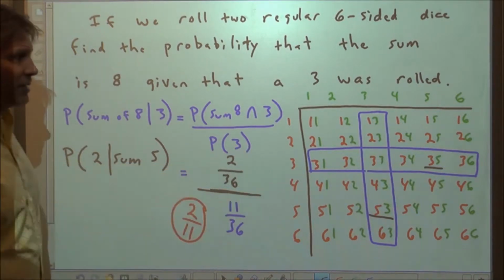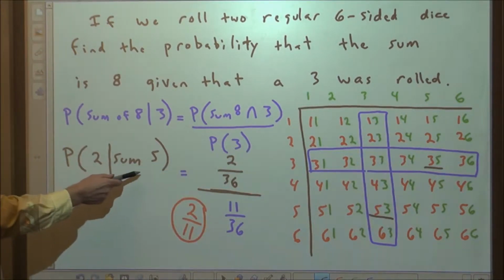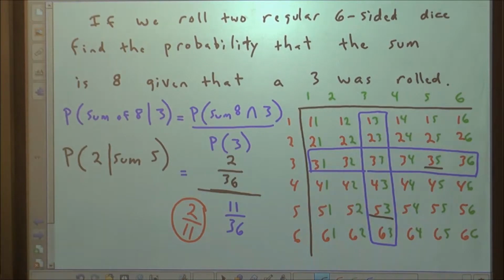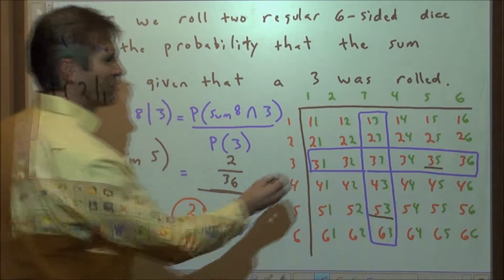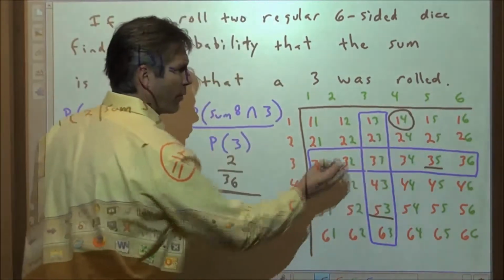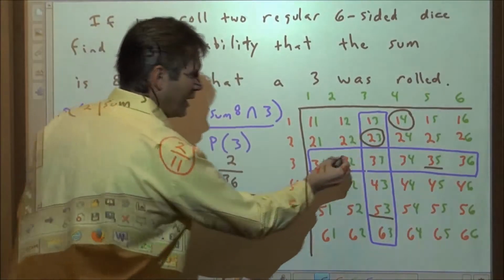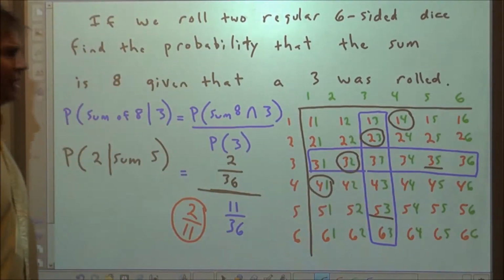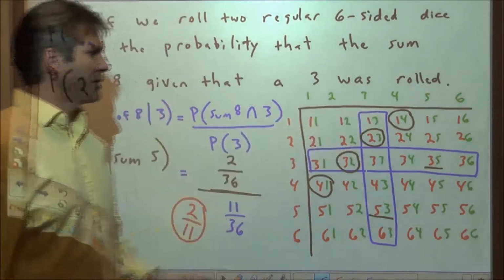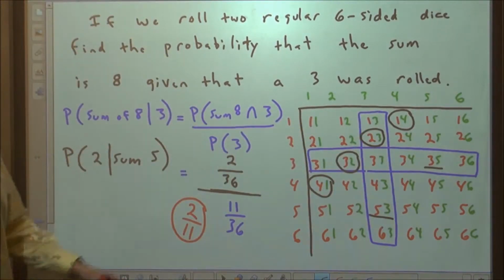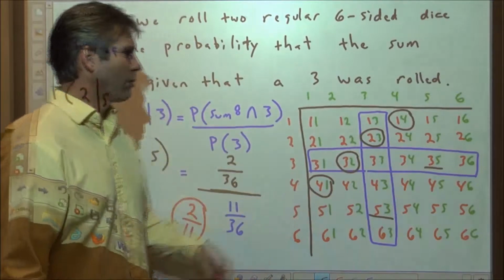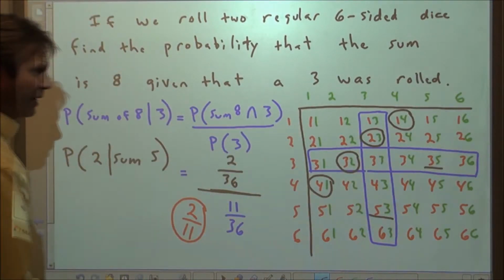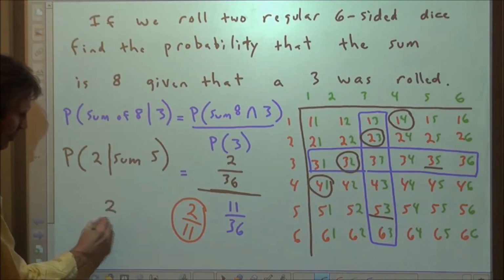Well, if you look to the lattice diagram, can you shrink the sample space down to what was given, that the sum was 5? Well, you get a sum of 5 here with a 1 and a 4, here with a 2 and a 3, here with a 3 and a 2, and here with a 4 and a 1. And out of those 4 things that could happen where you get a sum of 5, this one and this one involve rolling a 2, so your final probability is 2 out of 4.